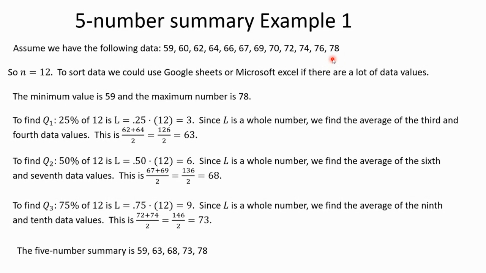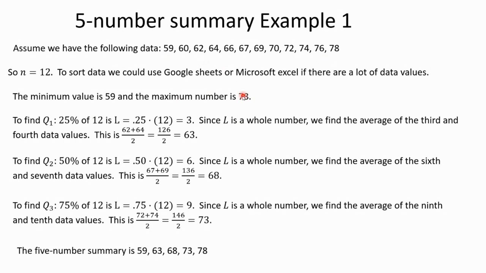I didn't do that here, but I have done it before, with the histograms. Once you sort, here it's already sorted anyway, you can see that the minimum is 59, the maximum value is 78.